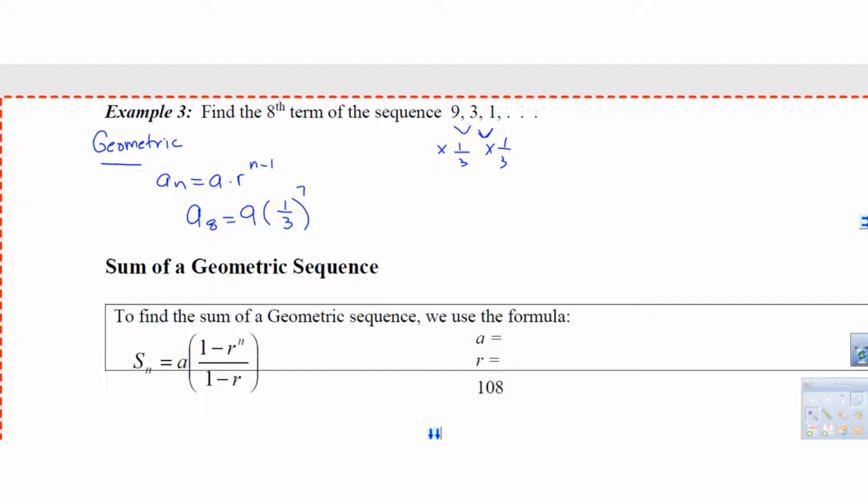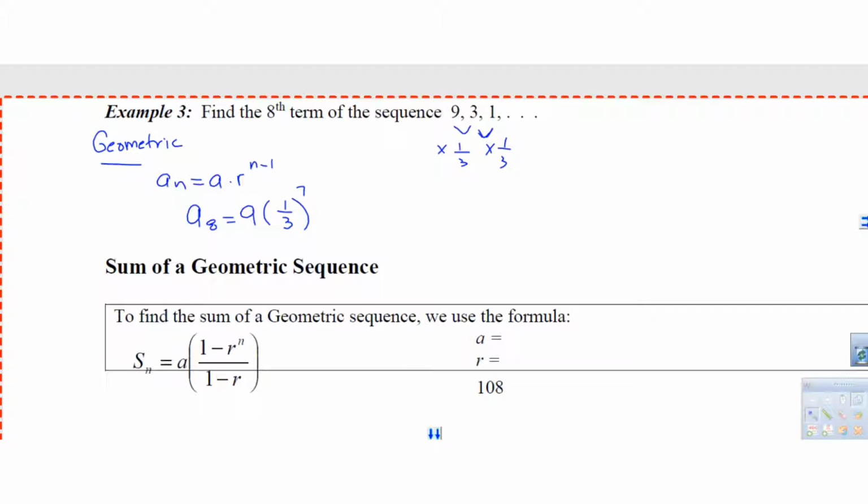Now I'm going to show you a beautiful trick on your calculator. Everybody have your calculator in your hand. Go 9, parenthesis 1 divide 3, close parenthesis, raise it to the 7th, hit enter. If you write 0.004, are you going to get credit?